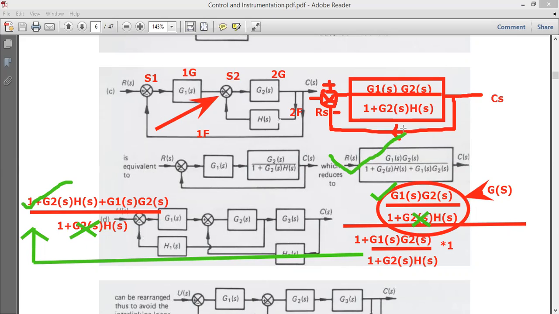In this way you should apply the rules for solving block diagram reduction. Even in an exam, if they ask, try to apply it step by step so that you solve it properly.